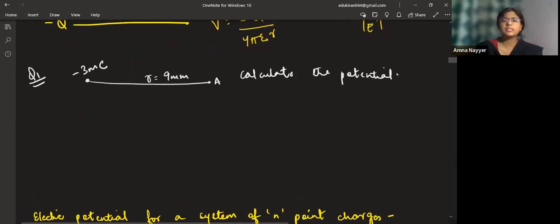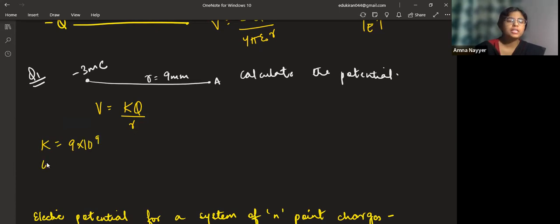So a very easy question this is. A charge is given as -3 millicoulombs. It is separated from a point A, that is the separation is given as 9 millimeters. You have to calculate the potential. So the formula is K Q by R. K is the constant, 9 into 10 to the power 9.